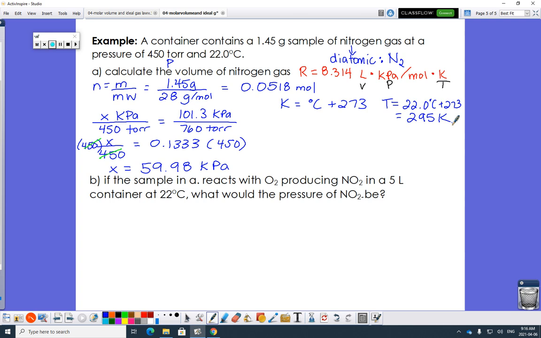Not every single question makes you change the kPa, makes you change the temperature, makes you find the moles first. So you just have to read carefully what you're given, look at the R value and the units, and just check that they match.